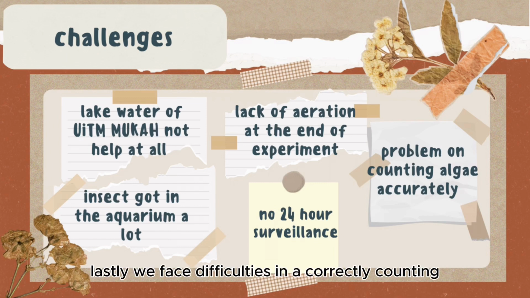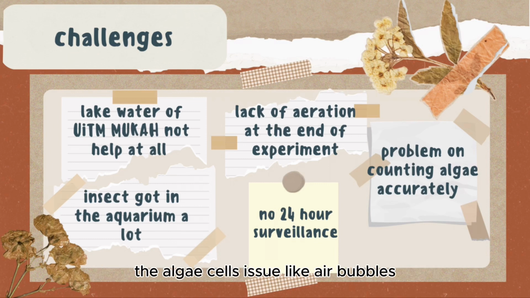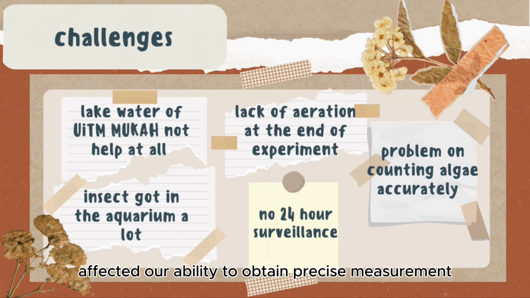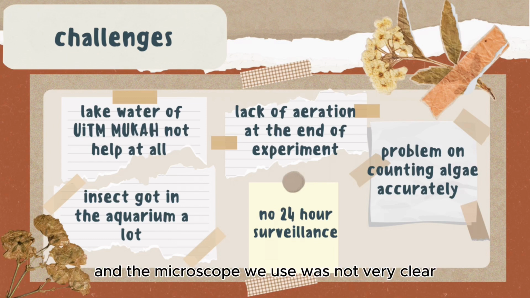Lastly, we faced difficulties in accurately counting the algae cells. Issues like air bubbles, uneven cell distribution on the hemocytometer, and inconsistent preparation of samples affected our ability to obtain precise measurements, and the microscope we used was not very clear, which made it difficult to observe and count the algae accurately.